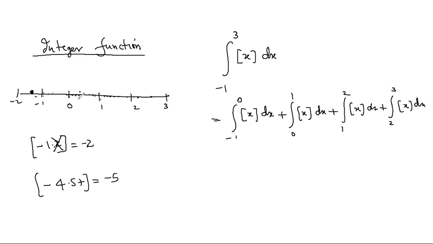Now from minus 1 to 0, the integer of any number is a constant, the same value everywhere. So from minus 1 to 0, it is minus 1.